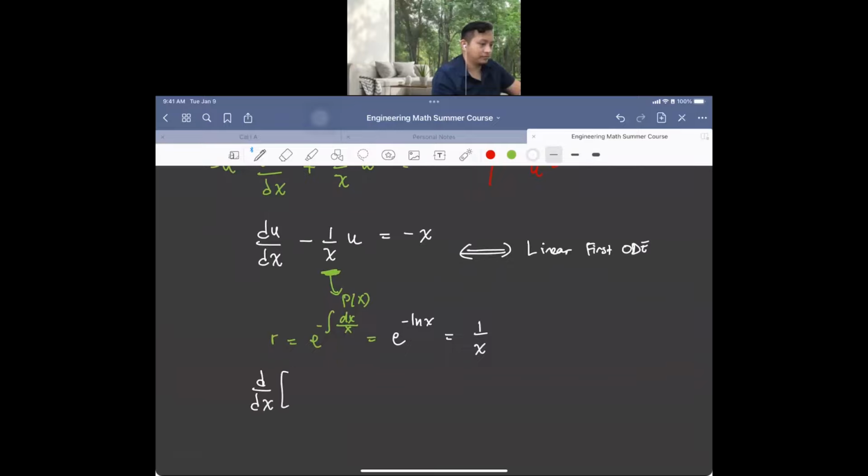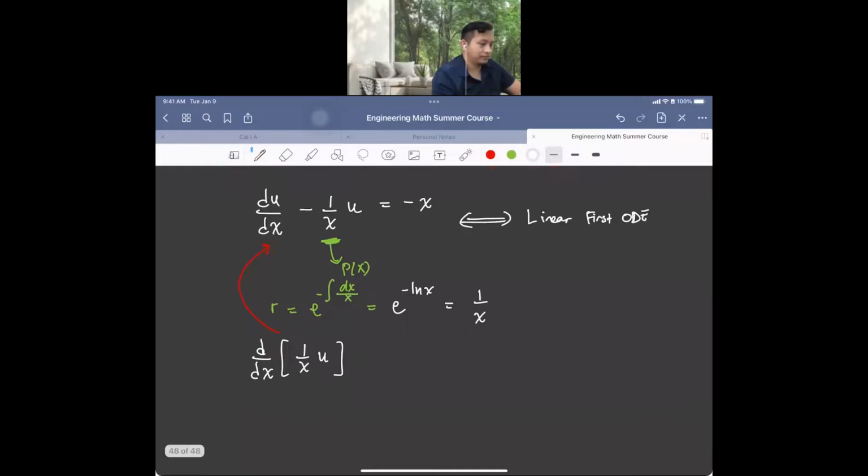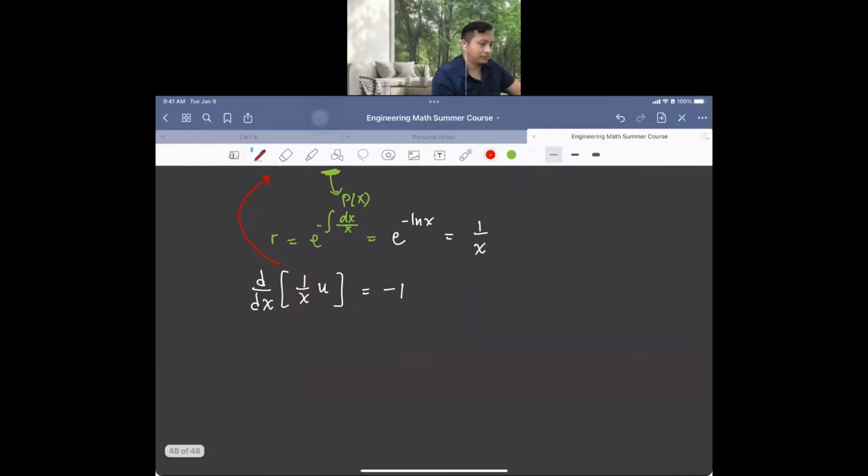And again, in linear, we are going to find the product form, that is 1 over x and u, because this is perfectly defined here, right? Let me check this 1 over x, du dx 1 over x, this is supposed to be negative 1.